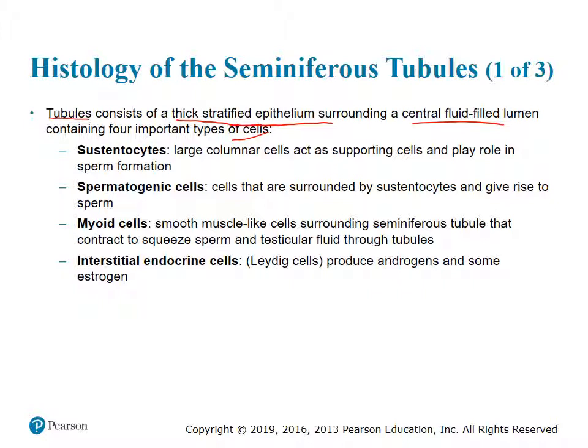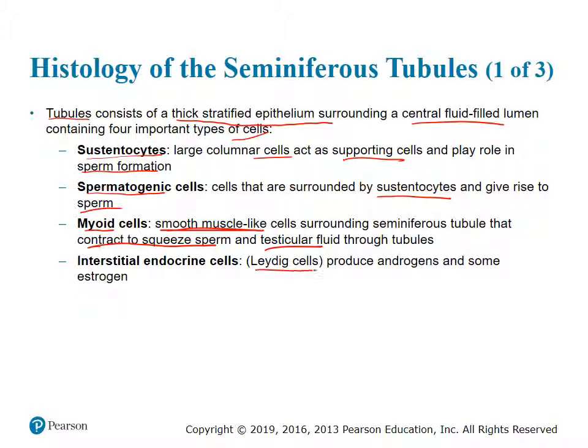Sustentocytes are the columnar cells. They're supporting cells. They play a role in sperm formation. Spermatogenic cells are the cells that surround the sustentocytes and give rise to the sperm. The myoid cells, smooth muscle-like cells, actually contract and squeeze sperm and fluid through the tubules.